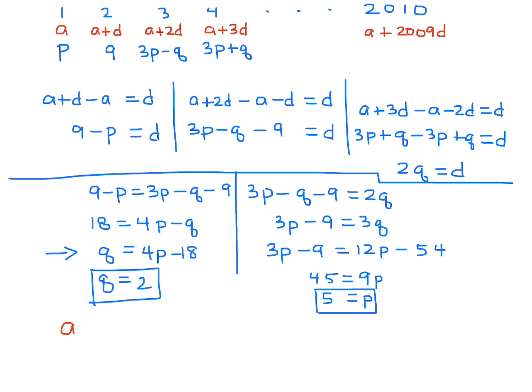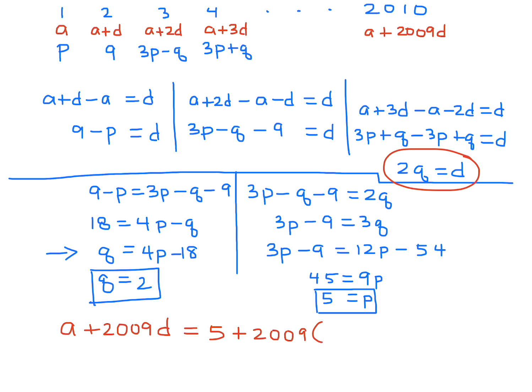The 2010th term, which is a plus 2009d. Well, a is equal to p, and p is equal to 5. So that's 5. And then 2009 times d. And d we can figure out from any of these.